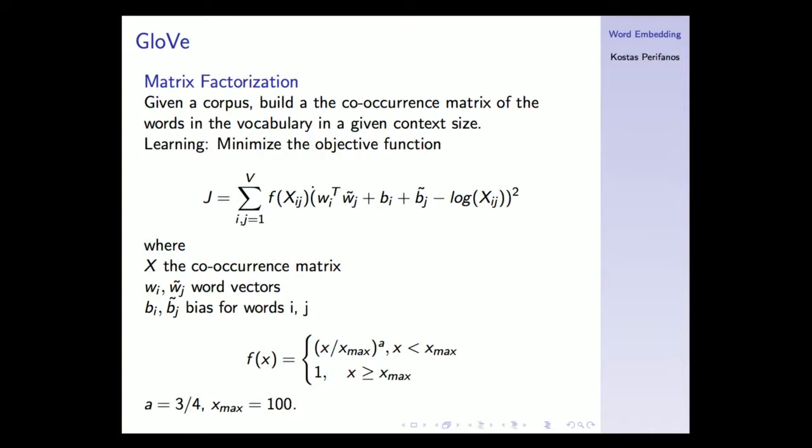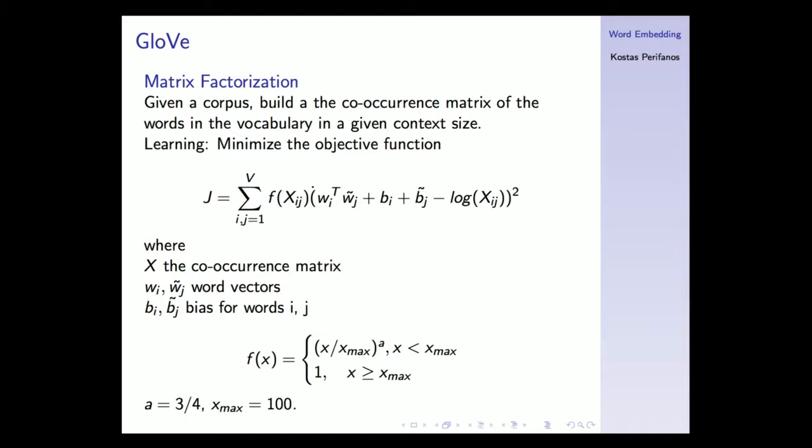Okay, this is GloVe. You remember this one from before? The co-occurrence matrix, biases, weights, and so on. There is also one interesting component in this function. It's a function of the co-occurrence matrix, where we're trying to smooth a bit the effect of very frequent words.